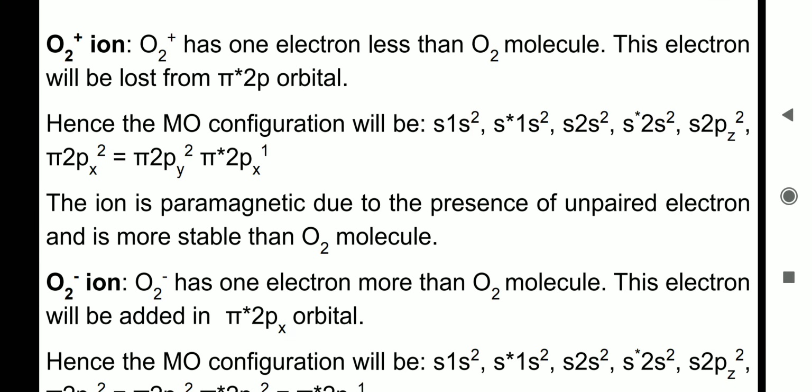Now this ion is also paramagnetic in nature, and it is due to the presence of 1 unpaired electron. It is more stable than the oxygen molecule.